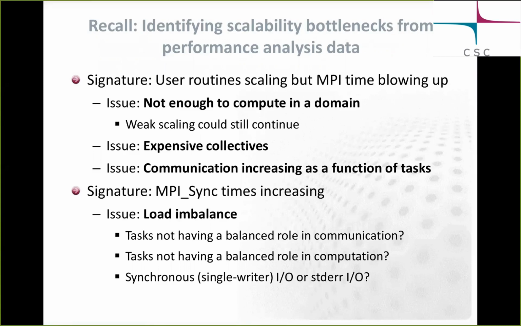That's the hard scalability wall, a natural state of being, so you don't have to do anything. But still, you could think of whether you can continue with weak scaling and see if the weak scaling behaves as it should.